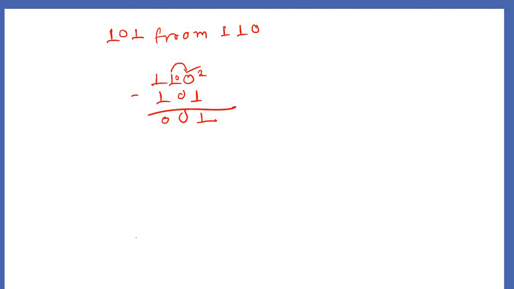Now let's take one more problem related to subtraction for well understanding. Okay, next, 110101 minus 11010.